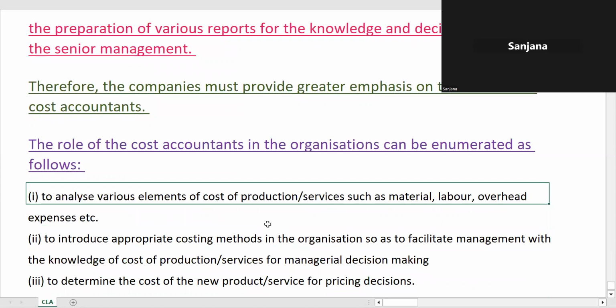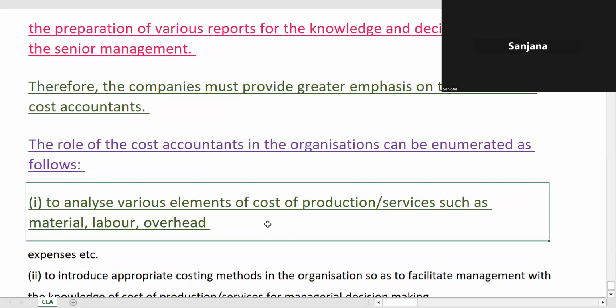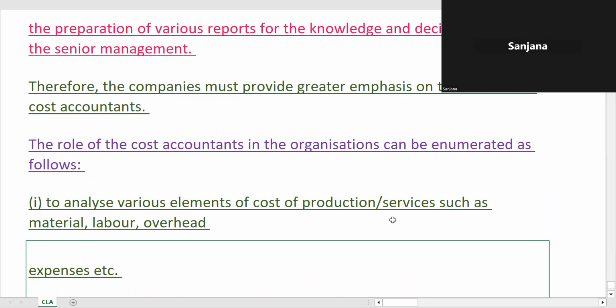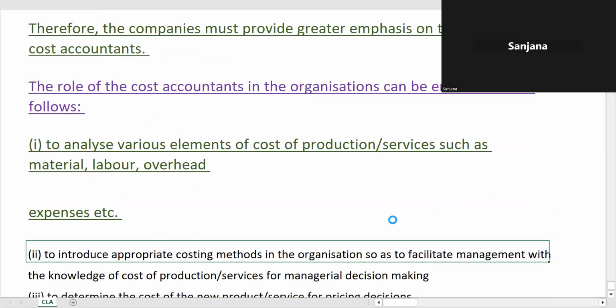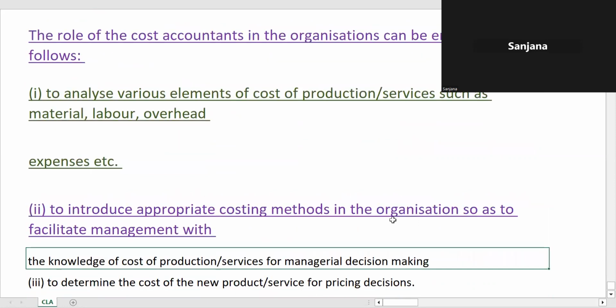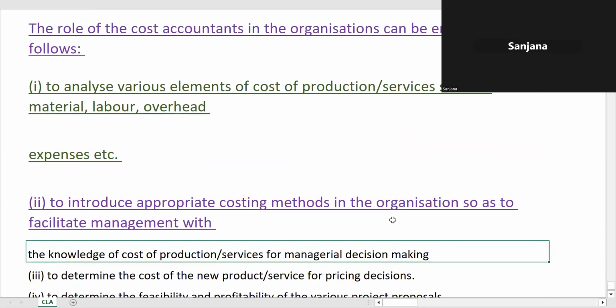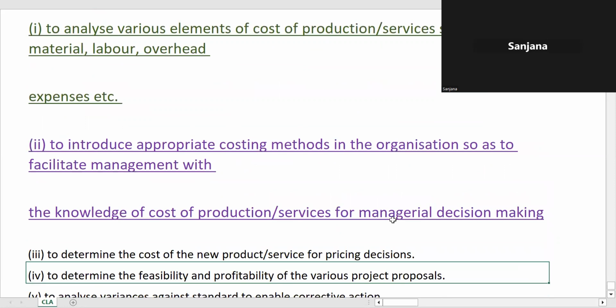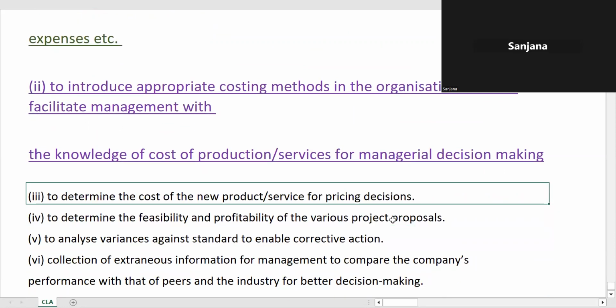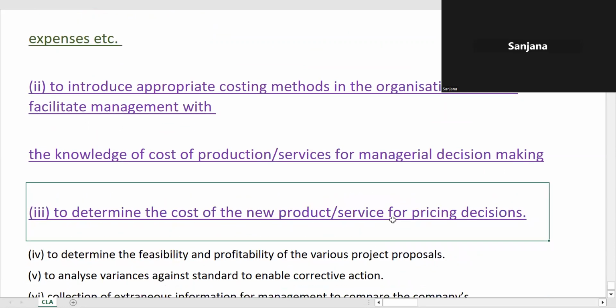Now in points: to analyze various elements of cost of production and services such as material, labor, expenses, and introduce appropriate costing methods in the organization, so that it will aid decision making. Then, to determine the cost of new products and services for pricing decisions.